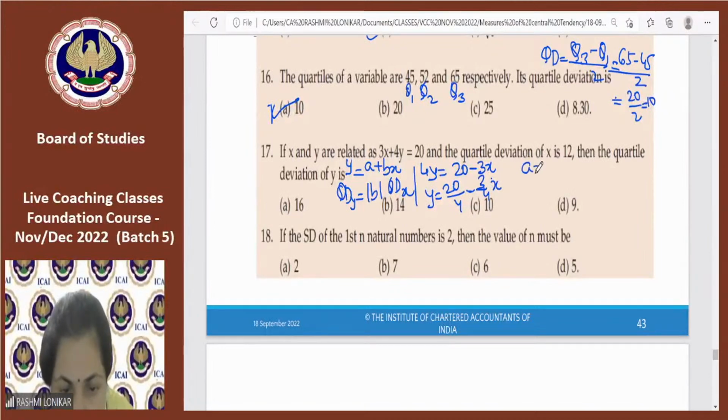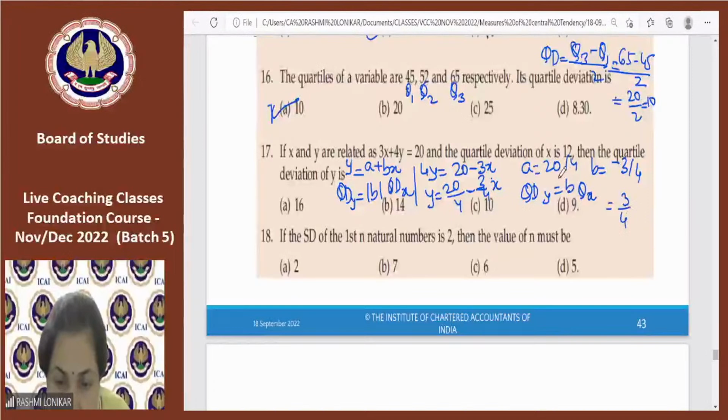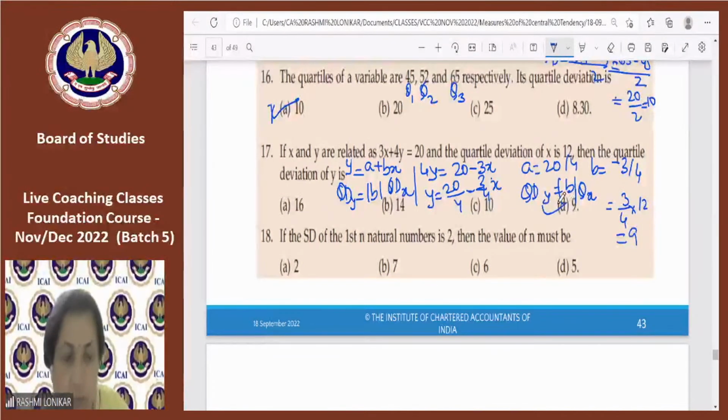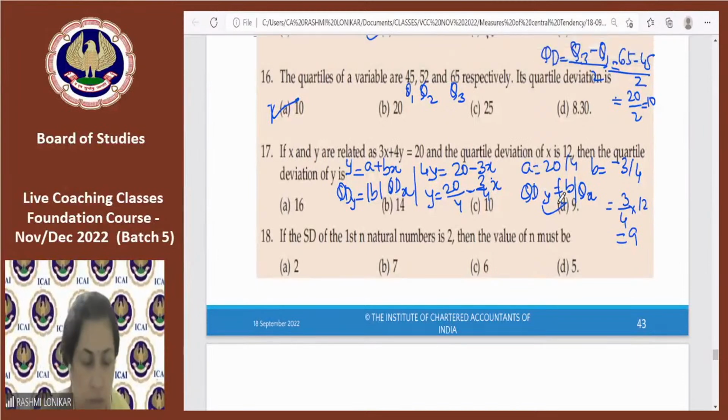So a is 20 upon 4 and b is minus 3 by 4. So quartile deviation of y is equal to mod b times quartile deviation of x, which is 3 upon 4 because I am taking the absolute value, into 12. So answer is 9. So D will be the correct answer.